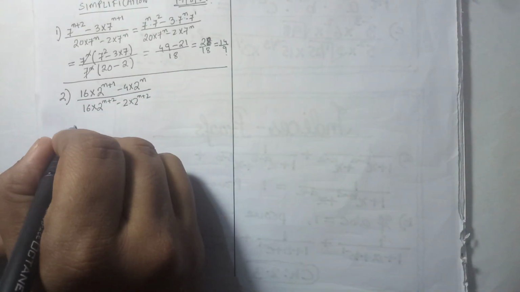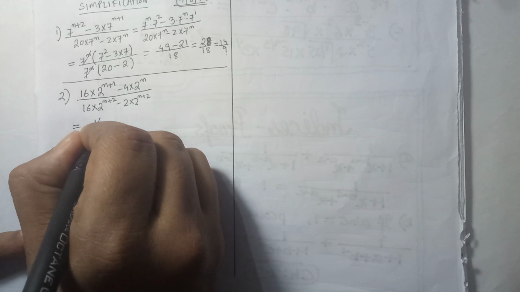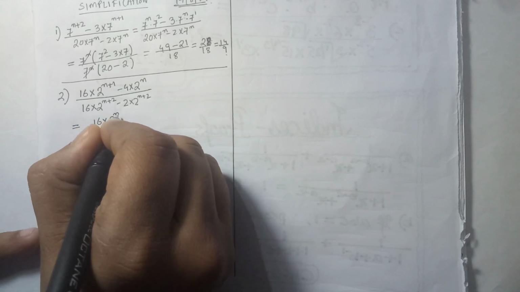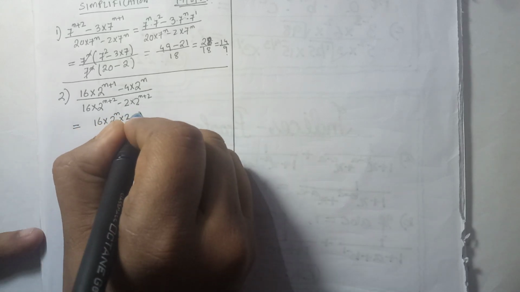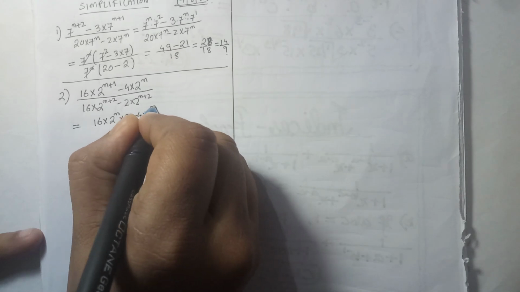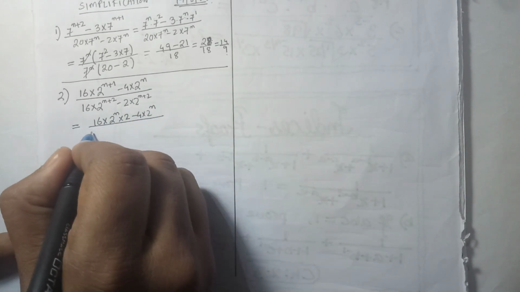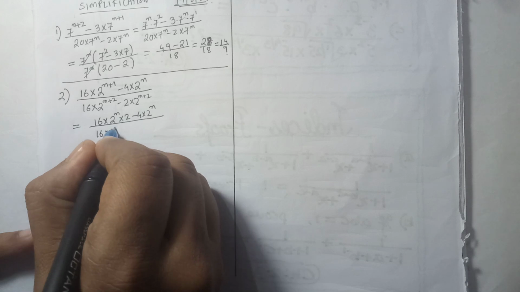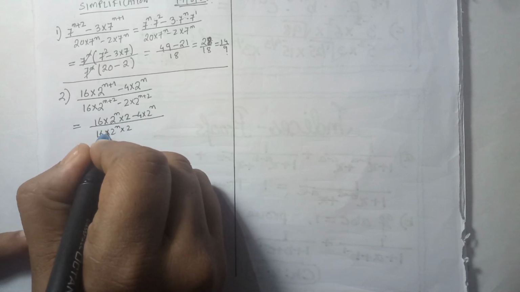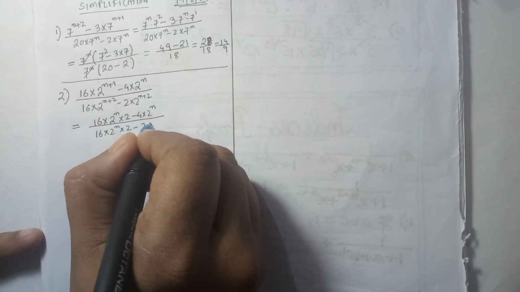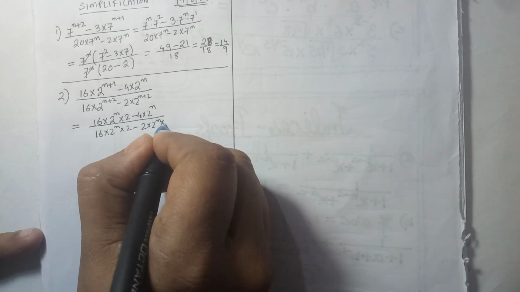So how can I write this thing? 16 into 2 to the power of n into 2 to the power of 4, divided by 16 into 2 to the power of n into 2 to the power of 1, minus 2 into 2 to the power of n into 2 square.